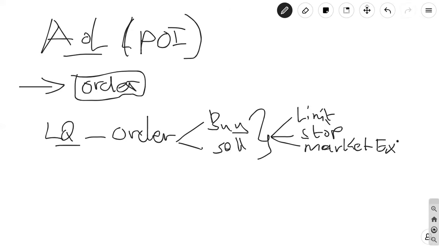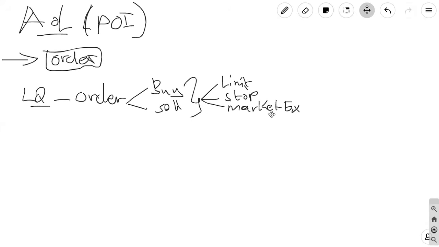Okay, now that we have an idea of what liquidity is, areas of liquidity is where a trader can position him or herself in terms of placing orders. Where are these areas that you can place orders? That is the question. Now, I'm going to take you a little bit far.